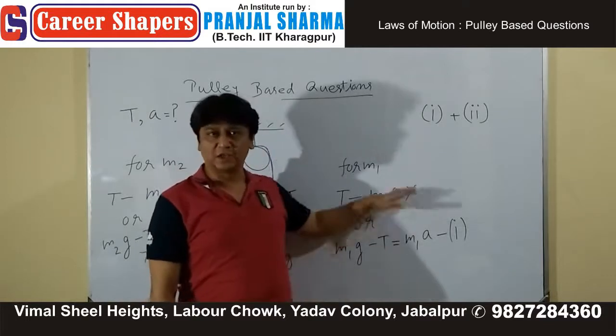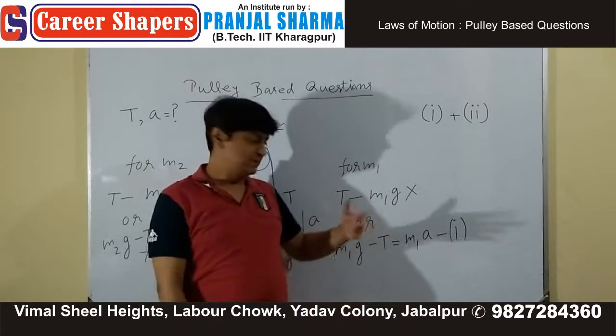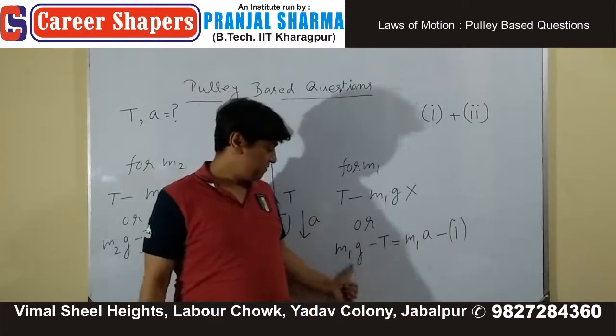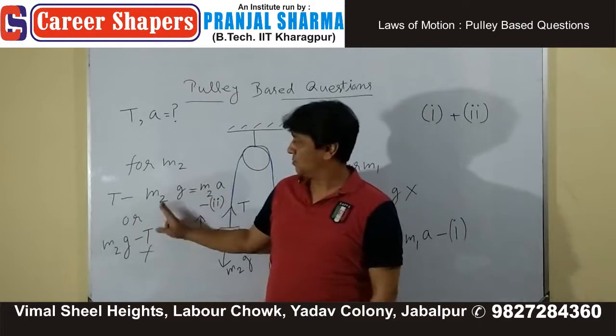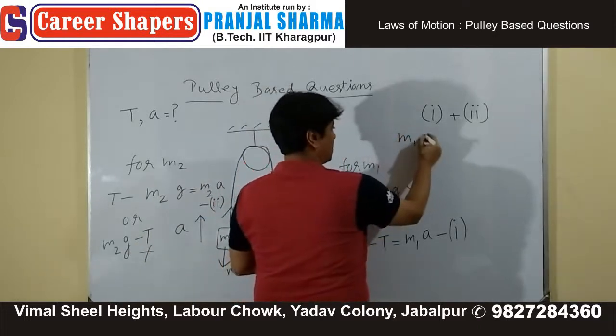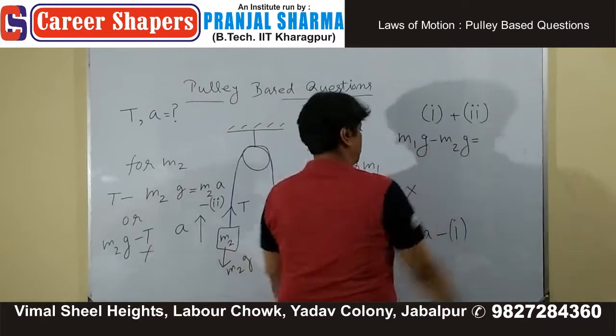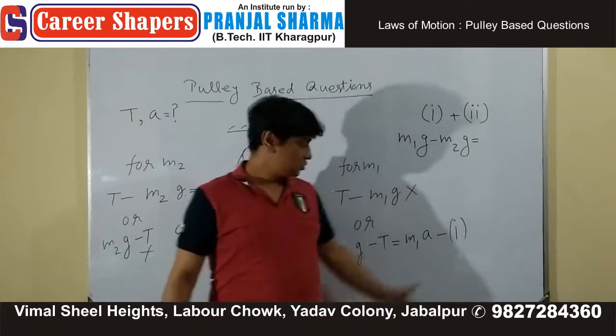What is on the left side? M1G minus M2G. So your left side is M1G minus M2G, and the right side is what?